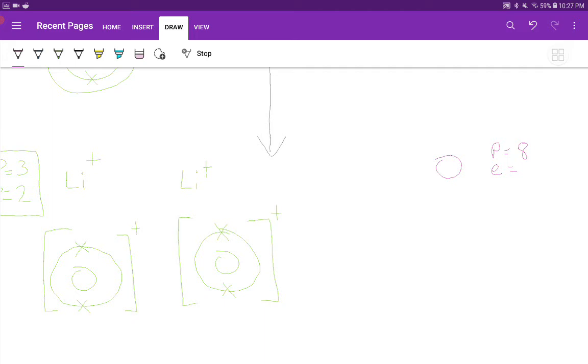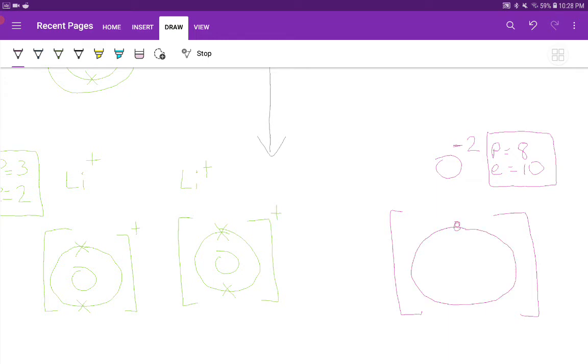So our protons still 8, but our electrons are now 10. So we have more electrons than protons. We have more negatives than positives. How many more negatives? We have 2 more negatives. So that's why the charge on the oxygen is negative 2. That's why the charge on the ion is negative 2.